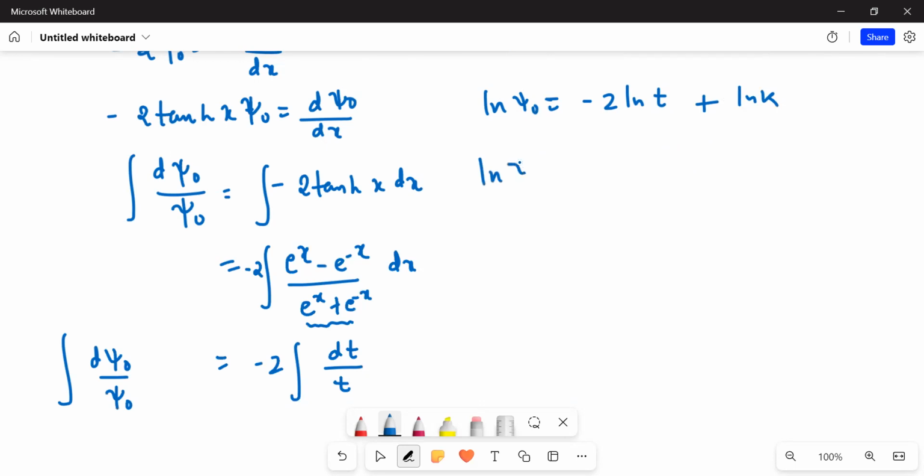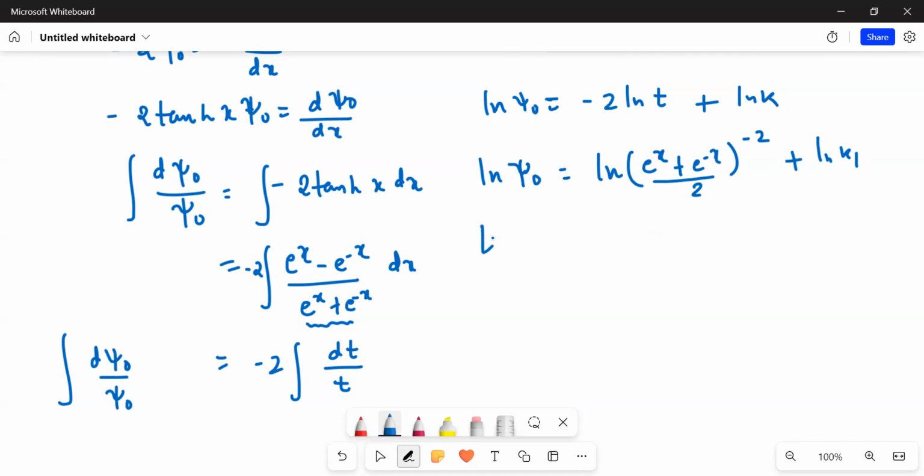So this will be ln psi naught is equal to ln of t raised to power minus 2, where t is e power x plus e power minus x. And I can divide it by 2 and further take this in a constant form only. So I'll take this as ln k. Basically this 2 which I have supplied here, I'll take as a constant.